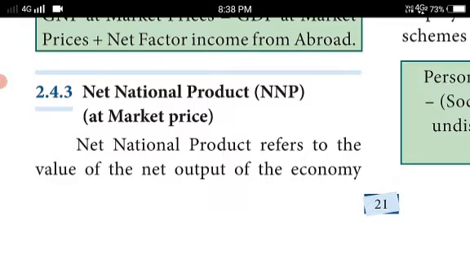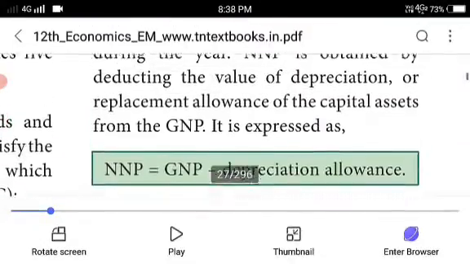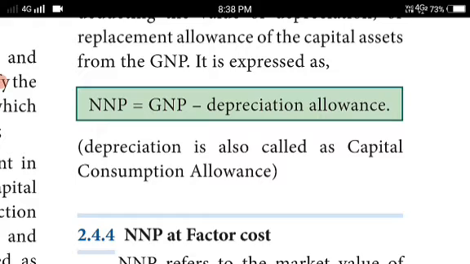It is expressed as NNP equals GNP minus depreciation allowance. Here depreciation is also called capital consumption allowance. We know that.